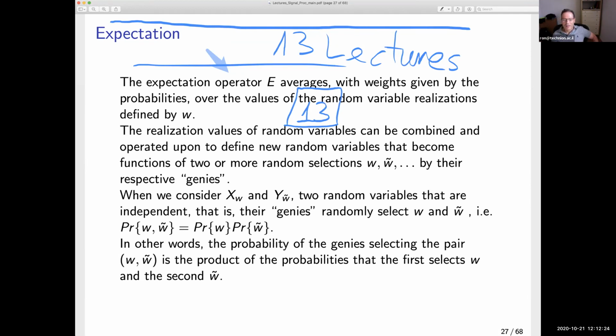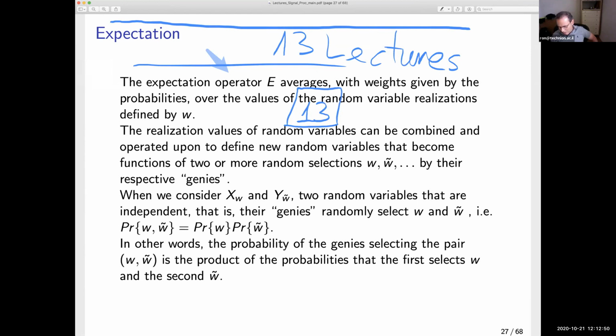Other questions? Do you have a desired background in probability that you want us to review? The answer is yes. Let me tell you what I prefer that you know.